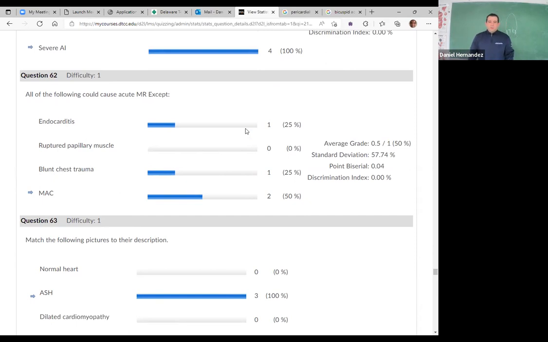So, all of the following could cause acute MR, except. This is where all of a sudden a patient develops mitral regurg, so sudden onset. For sure, endocarditis can cause acute onset of mitral regurg.